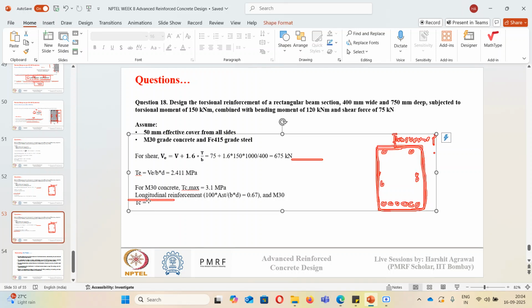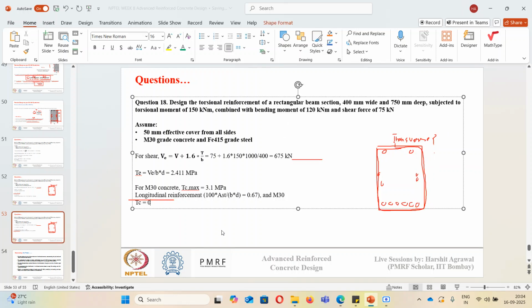When you do the interpolation, you will find that the shear strength comes out to be 0.54 MPa.